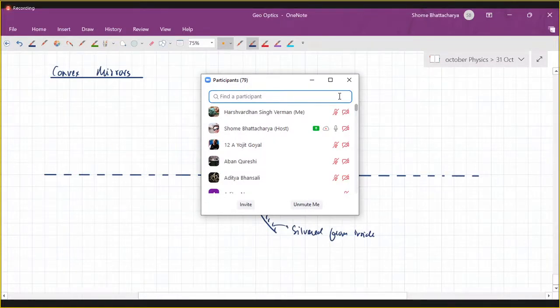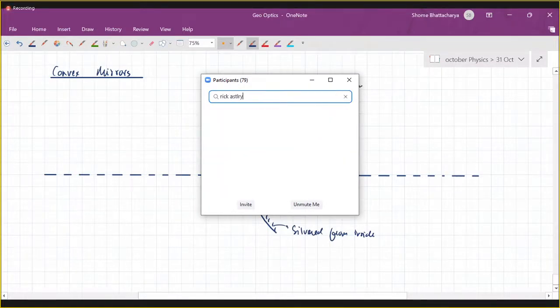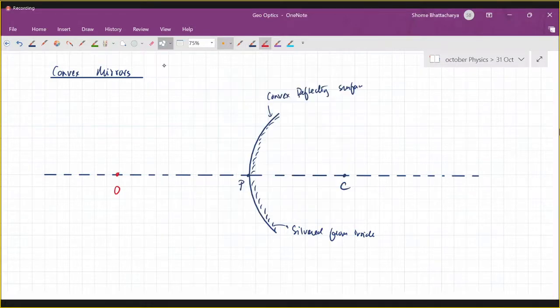Once again, this point is our pole. Let's say this is our center of curvature. Now let's consider a point object somewhere in front over here like this. Then any incident ray over here like this. We consider the normal at the point of incidence. That will be this line.